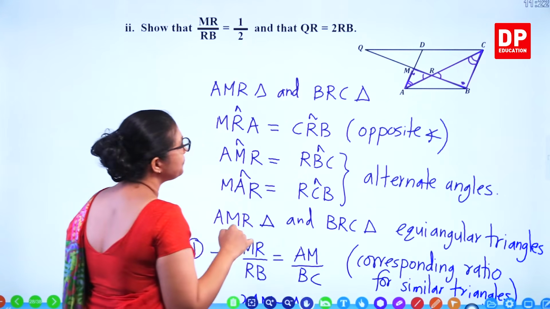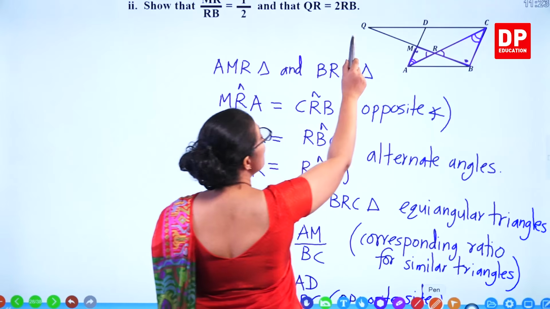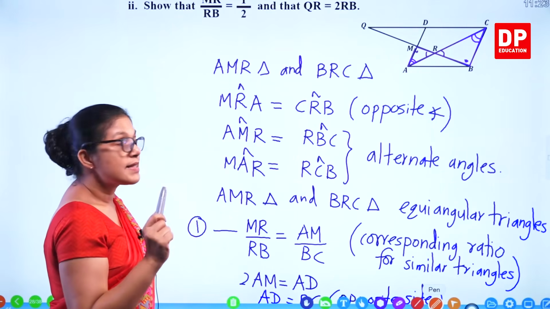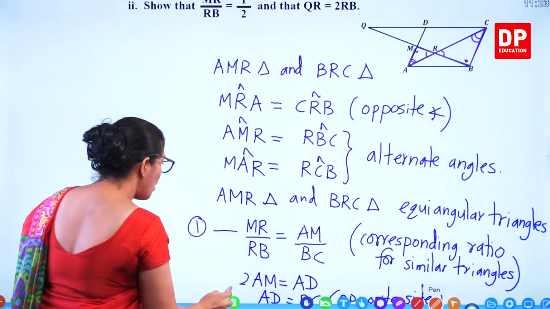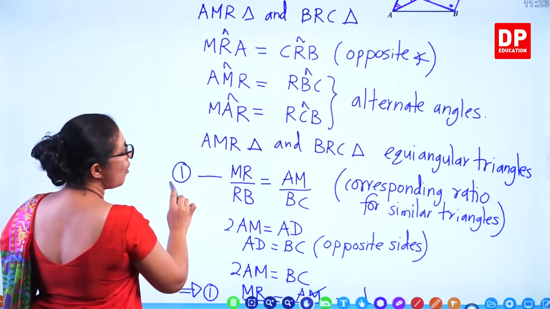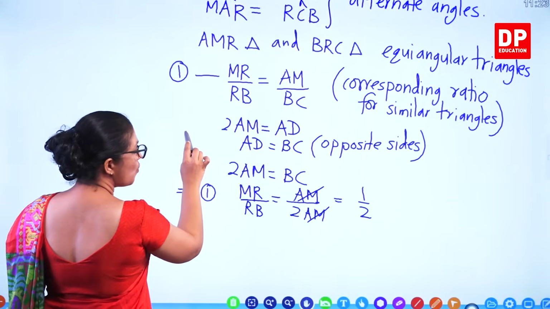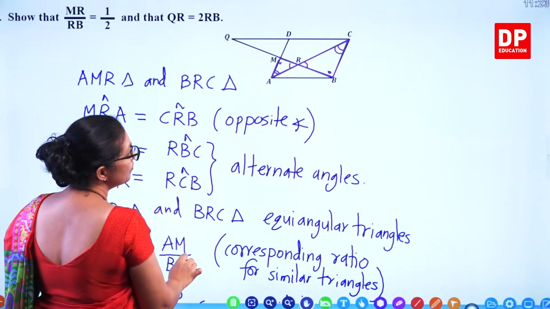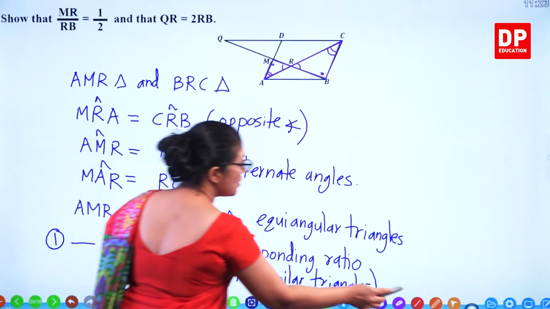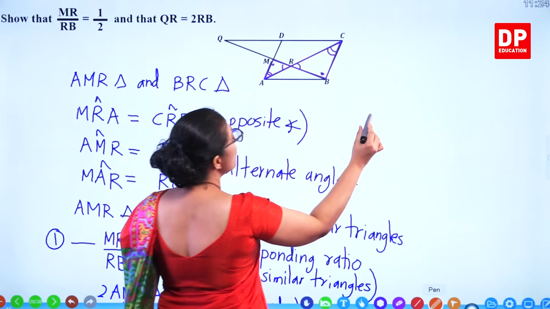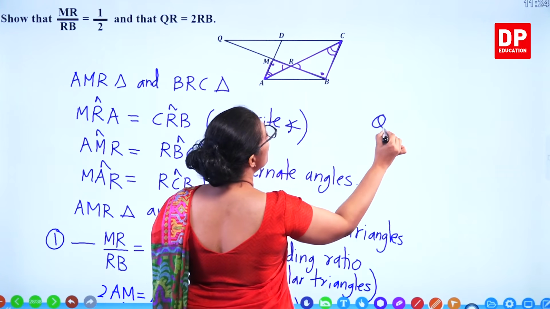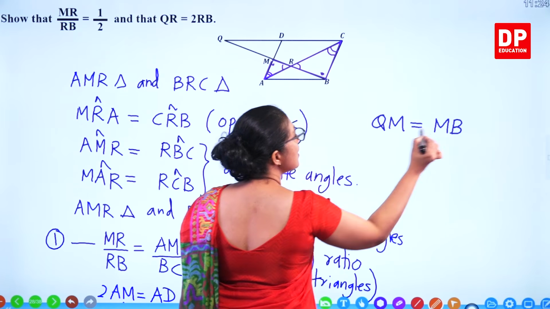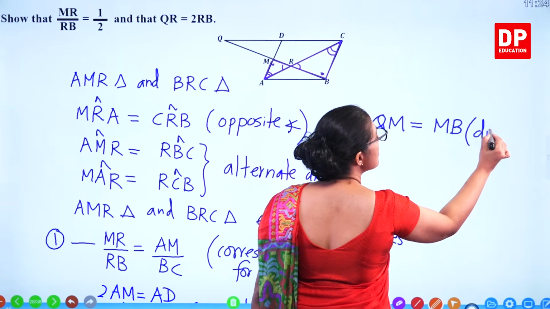is 2RB. Now, we know from the previous part QM is equal to MB because diagonals bisect each other. So we found that one from part 1. We know QM is equal to MB, diagonals bisect.